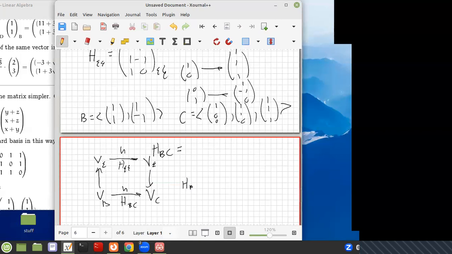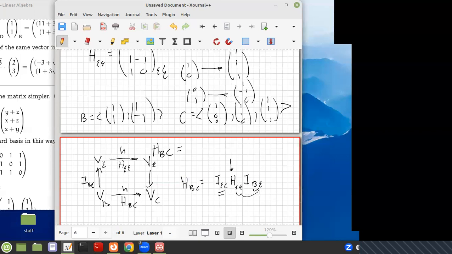So H_BC equals the identity from V to the standard basis up here, then acts with the standard-to-standard map to get over here, and then comes the identity from standard to C. So it starts from B, goes to E, E to E, then E to C. I can calculate H_BC by calculating these two.